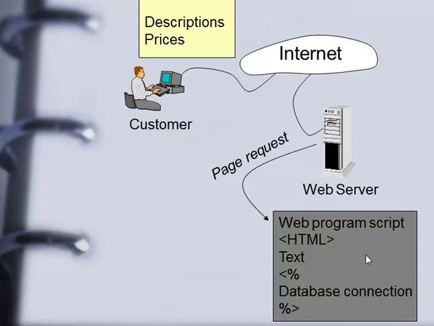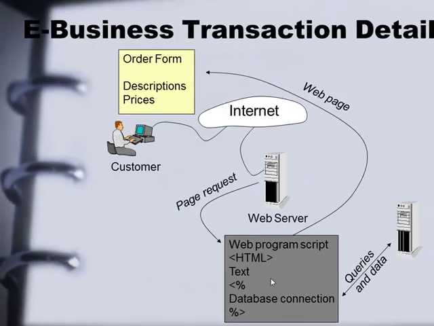Embedded within that page request is typically some sort of a database connection, as you can see down here, and that's encoded in there. And that's going to go out to query a database which might be on a different server. That data is then returned back to the customer with updated, say, inventory levels or updated pricing information or whatever might be saved within the database.